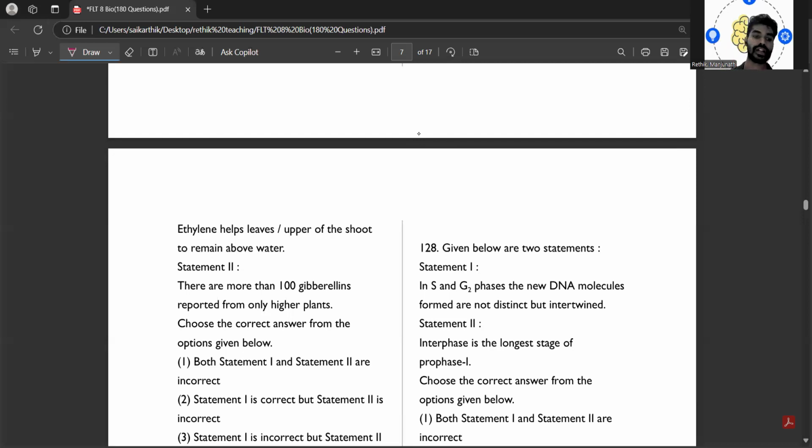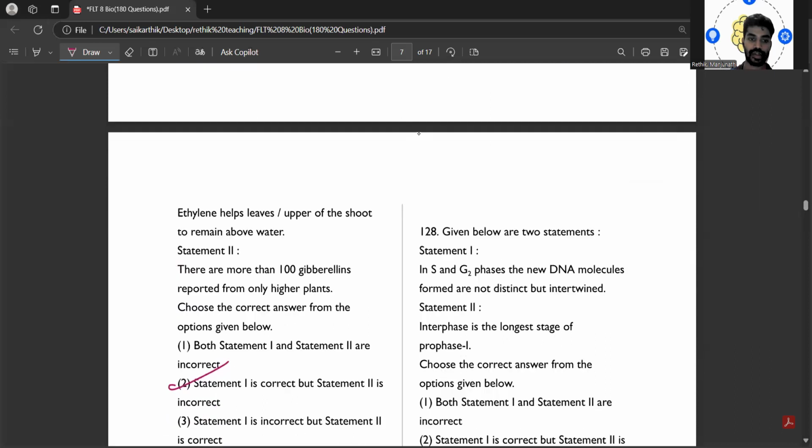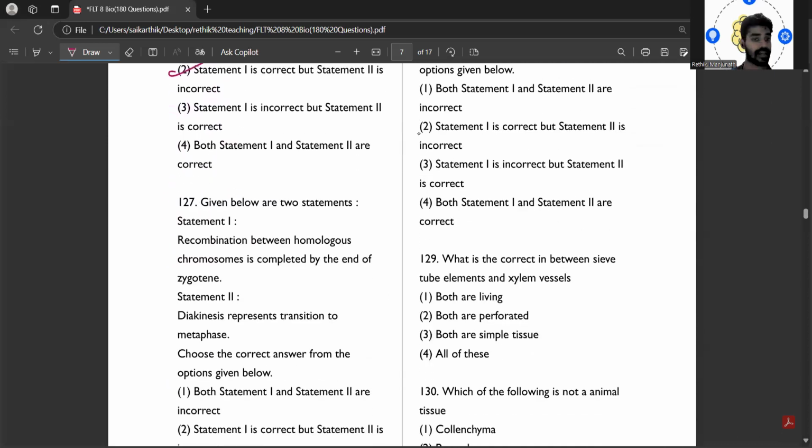Statement one is correct, but statement two is incorrect because there are more than 100 gibberellins reported from higher plants and, yes, fungi. So statement one is correct, but statement two is incorrect. Can I go with it? Yes, fine. 126 over.